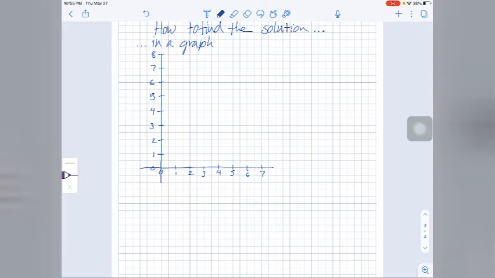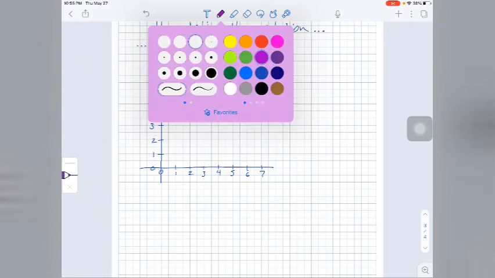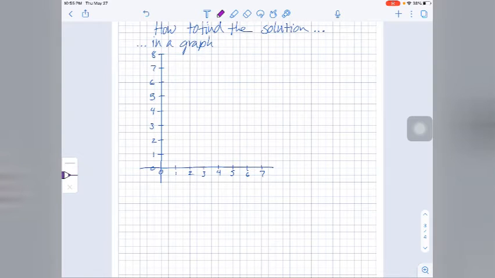Okay, so when I'm drawing this graph, I'm going to draw a line for each of my equations. My first equation is y equals x plus 3.